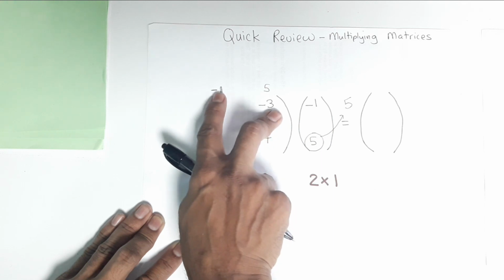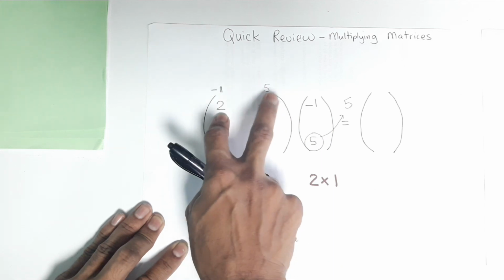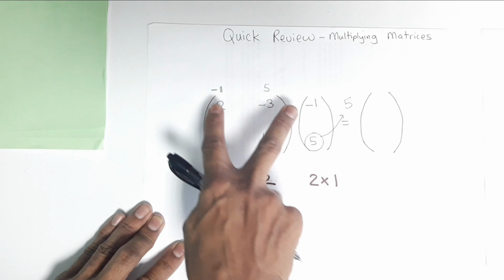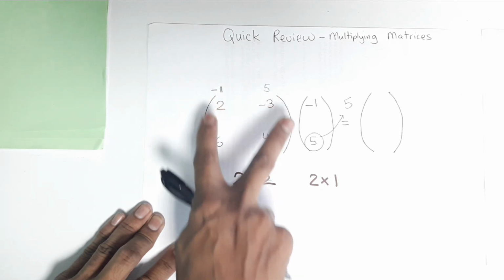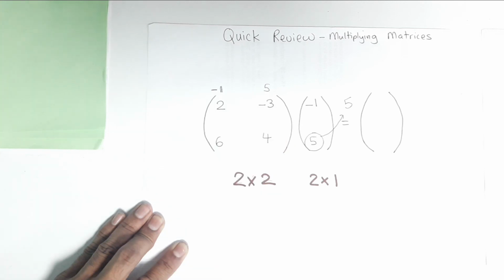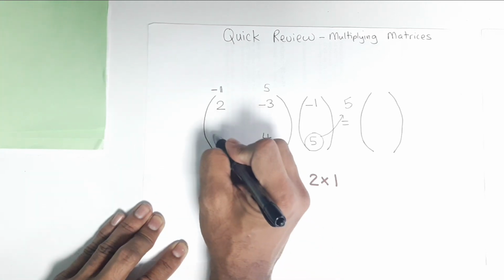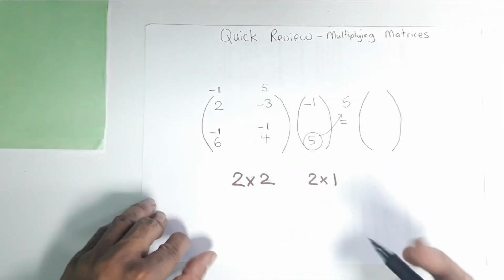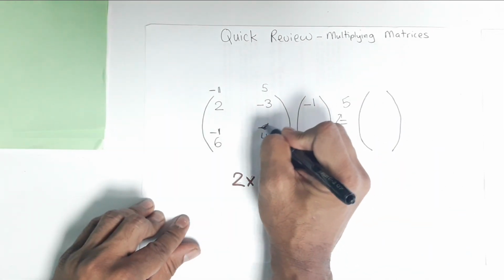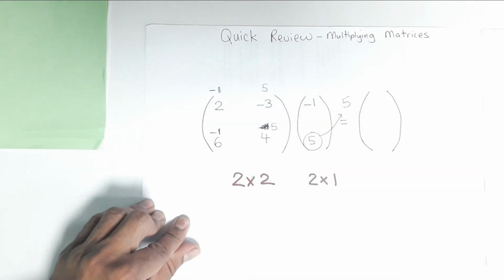So minus 1 ends up on top here, and the 5 ends up on top here. Now, the same two numbers that walked across, photocopy them over the underneath two numbers. So the minus 1 goes here, and the positive 5 goes underneath there.